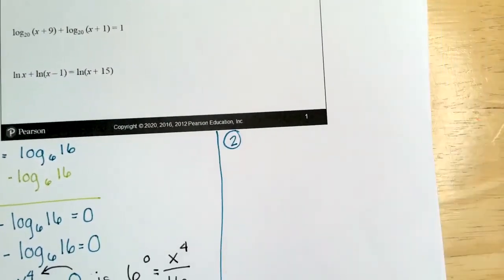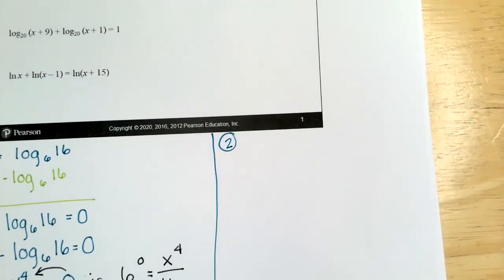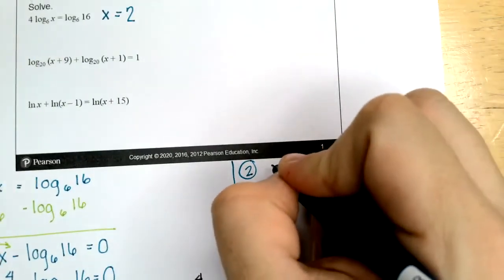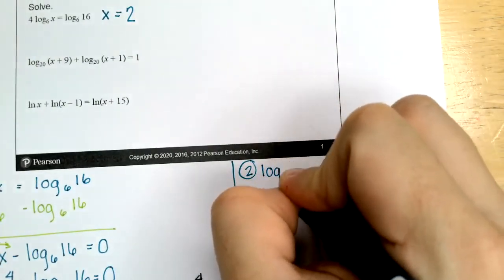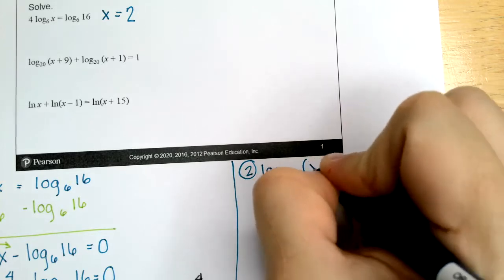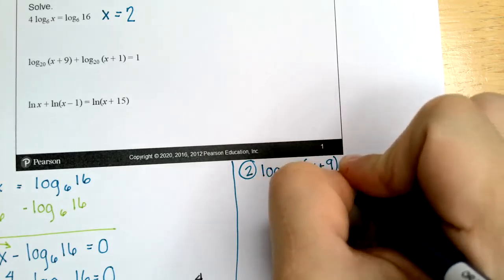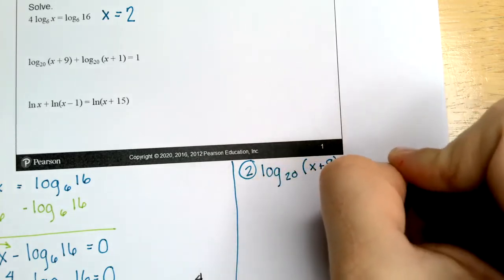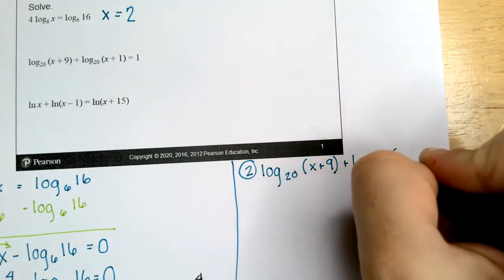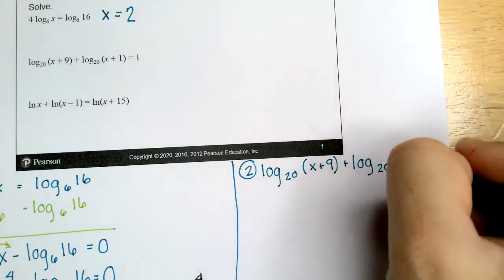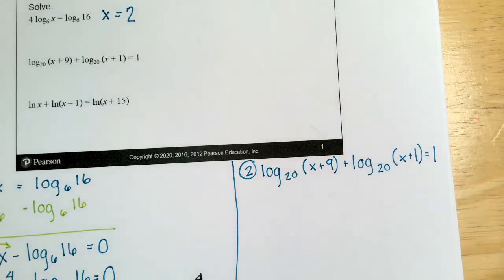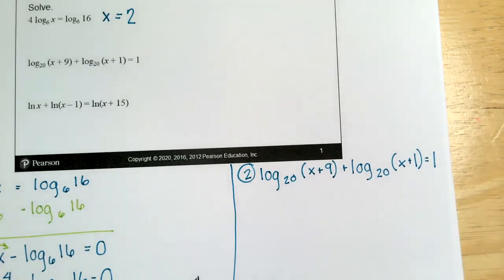Here I have log base 20 of x plus 9 plus log base 20 of x plus 1 is 1. Good? Okay.